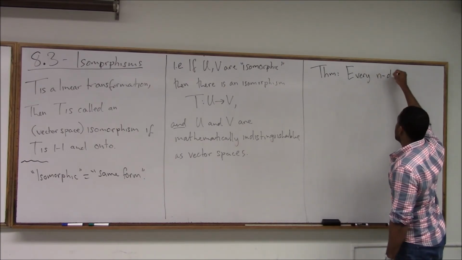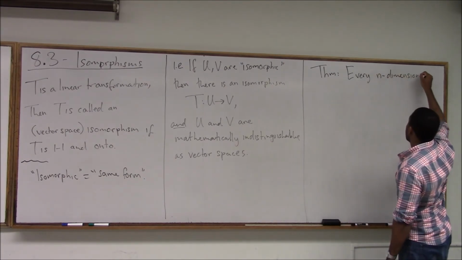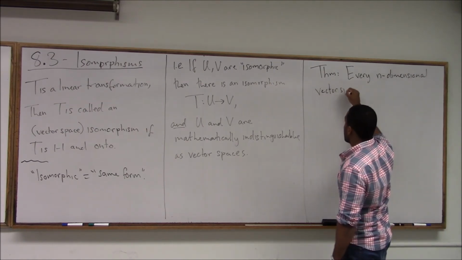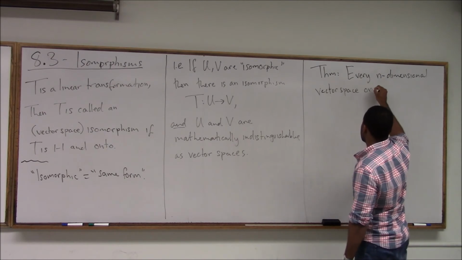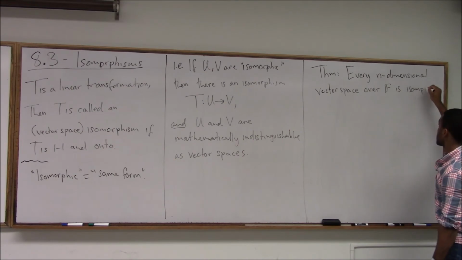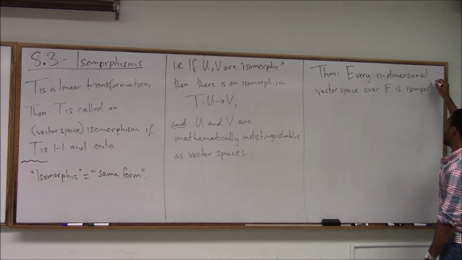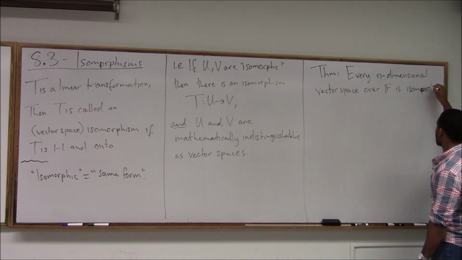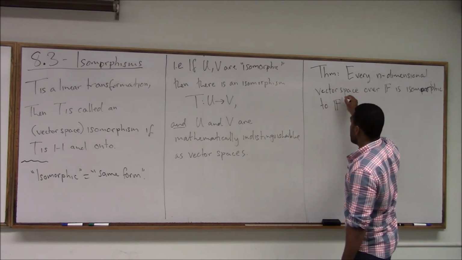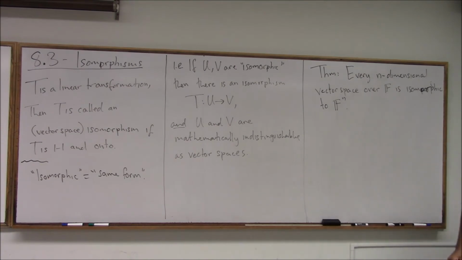Every n-dimensional vector space over F, that means F is the set of scalars, the field of scalars, is isomorphic to Fn. Every n-dimensional vector space will be isomorphic to Fn.